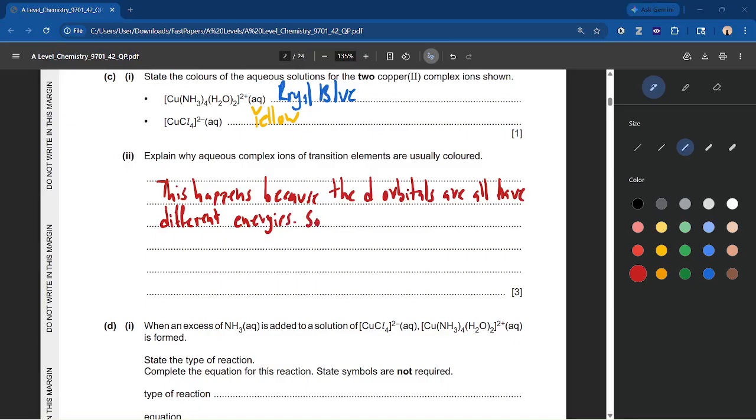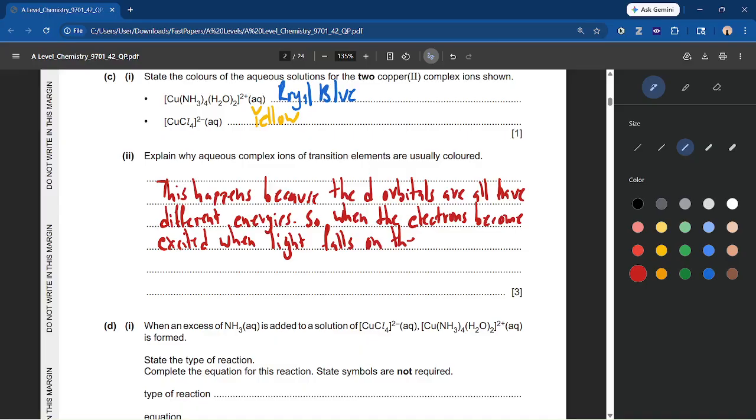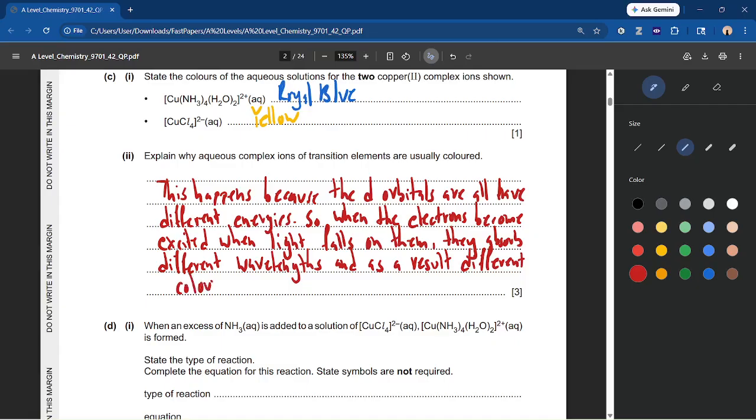So when the electrons become excited, when light falls upon them, they absorb different wavelengths, and as a result, different colors are seen.